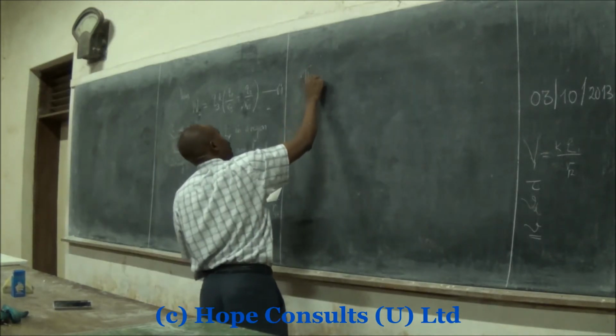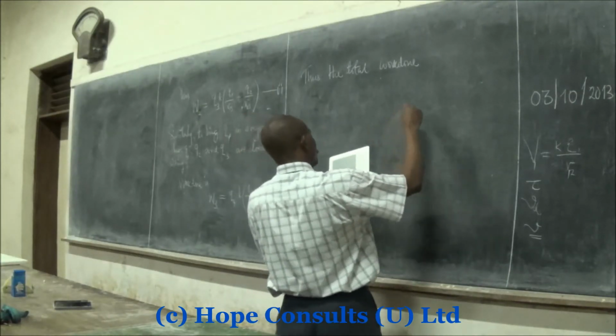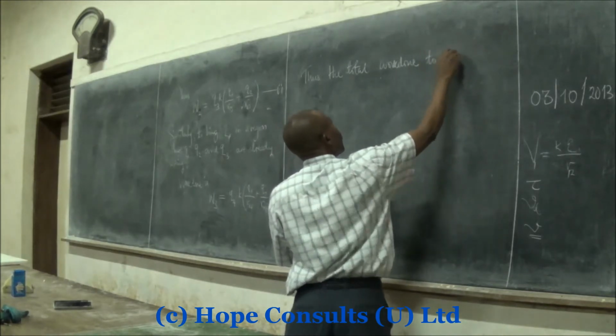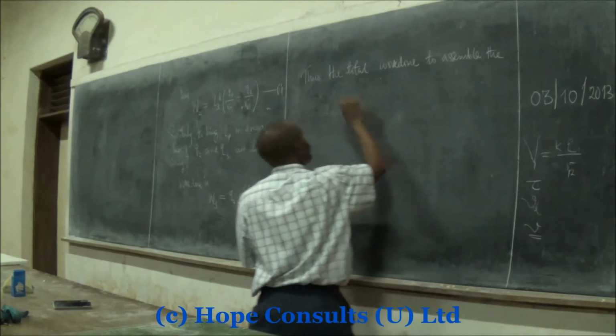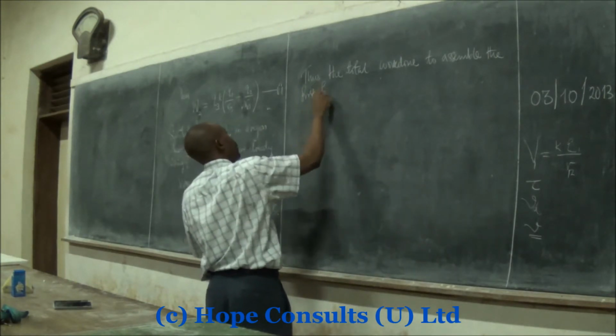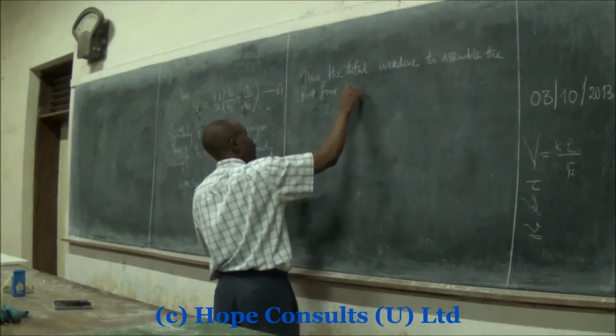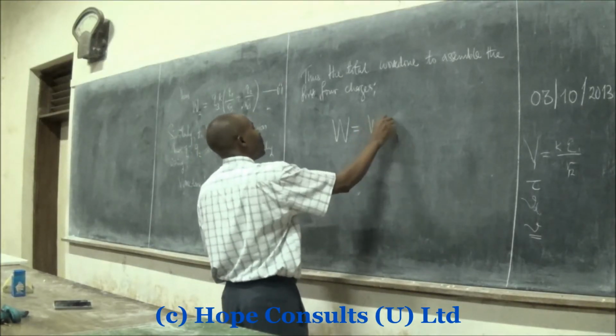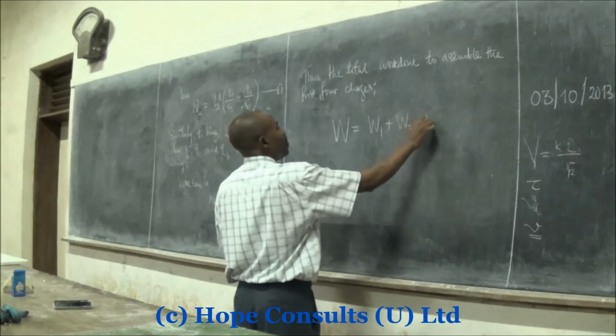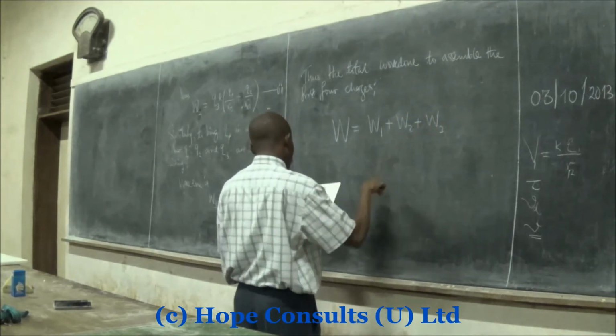Thus, total work done to assemble the first 4 charges. So this would be W1 plus W2 plus W3.